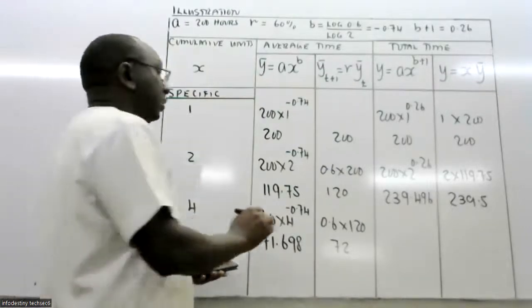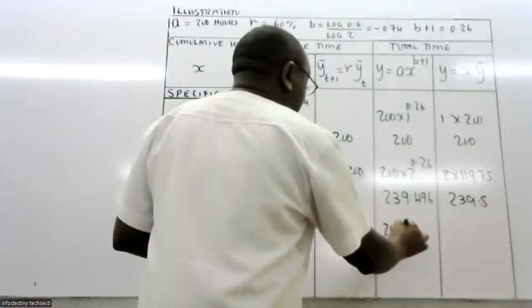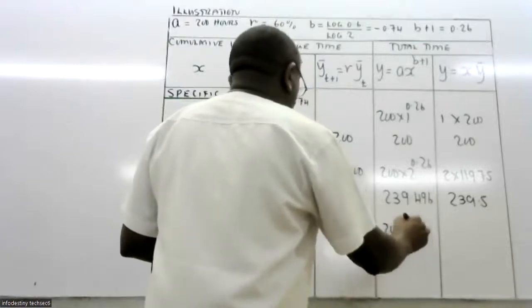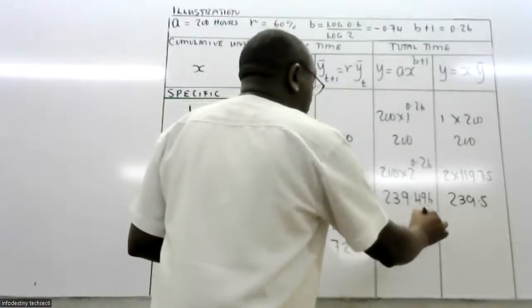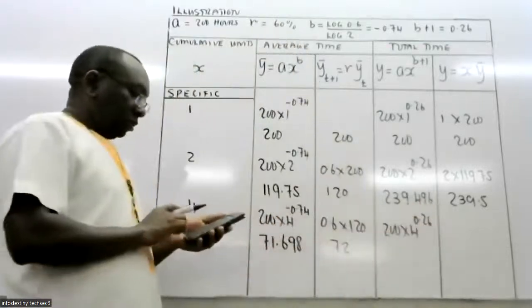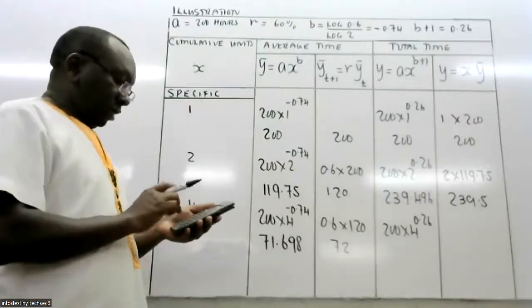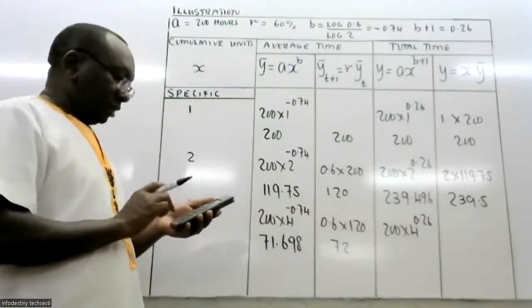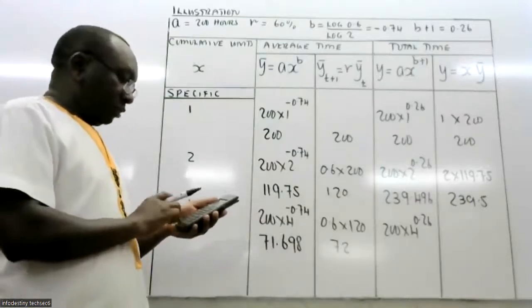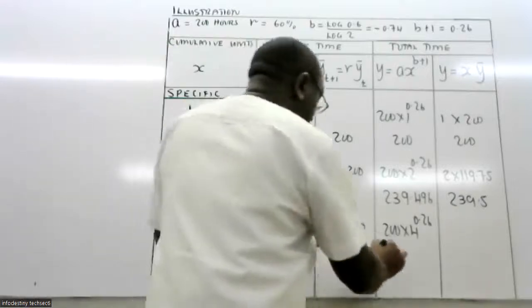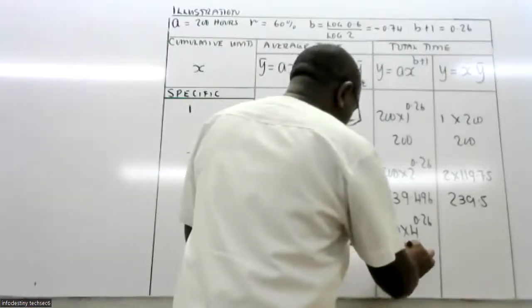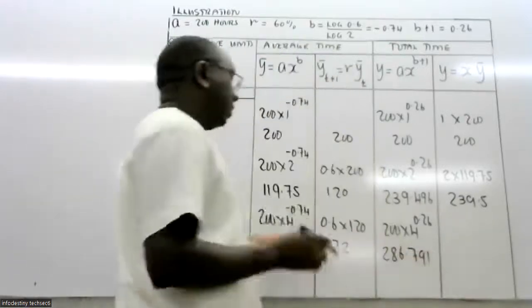The next one will be 200 times 4 raised to power 0.26. So 4 raised to power 0.26, you multiply by 200, you are getting 286.791.